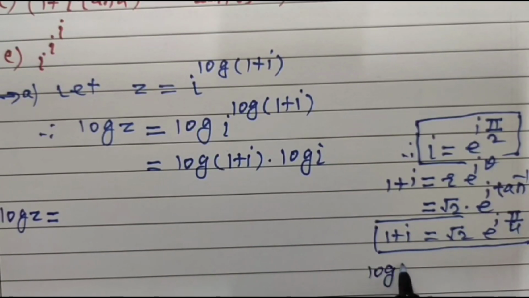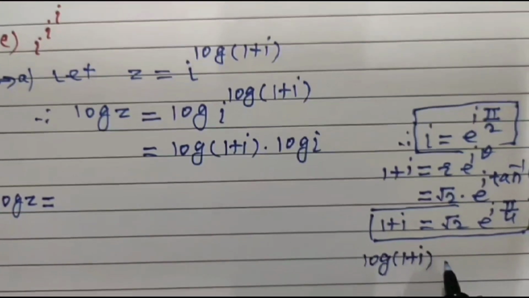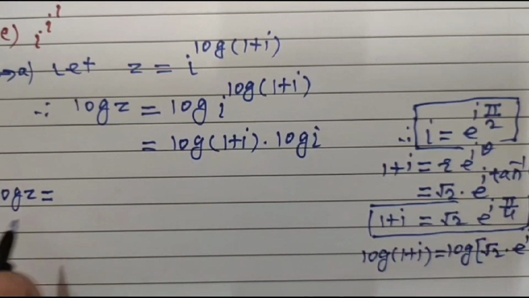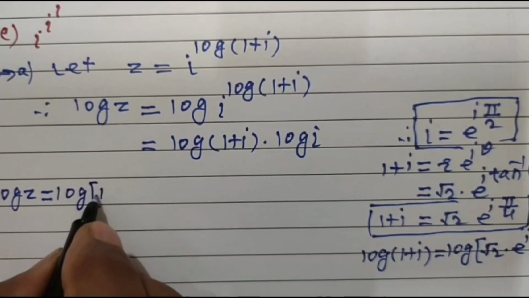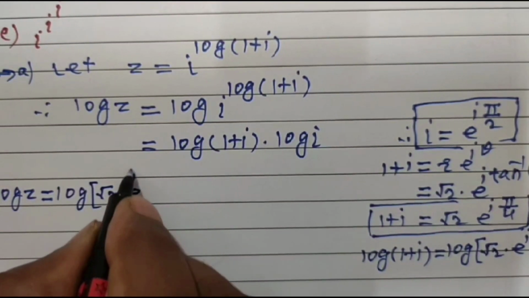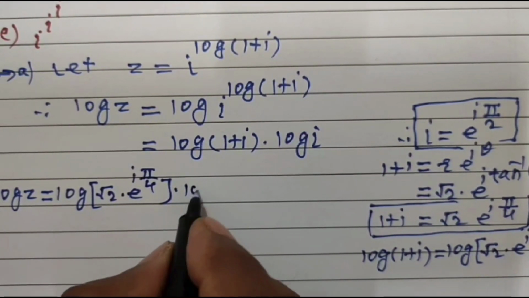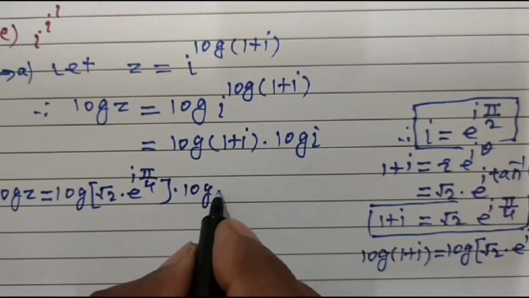Log of 1 plus i is equal to logarithm of root 2 into e to the power i pi by 4. And then put here log of root 2 into e to the power i pi by 4, into log i, that is logarithm of e to the power i pi by 2.